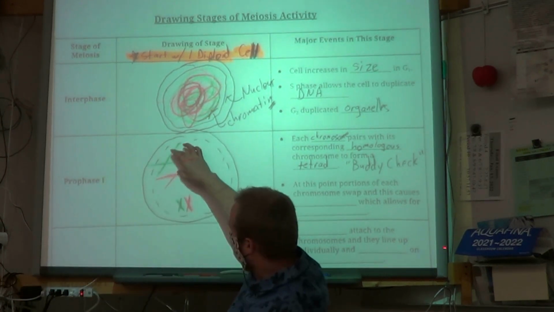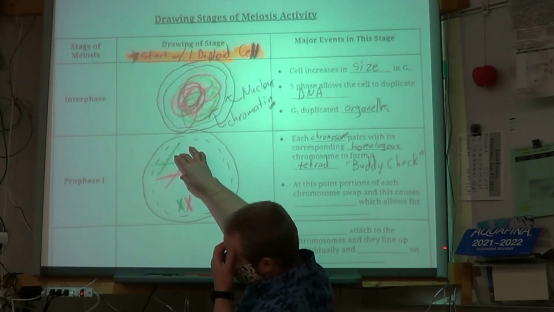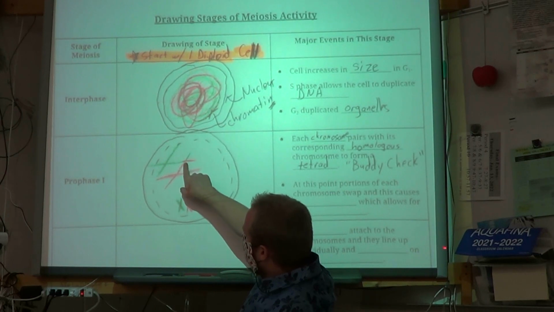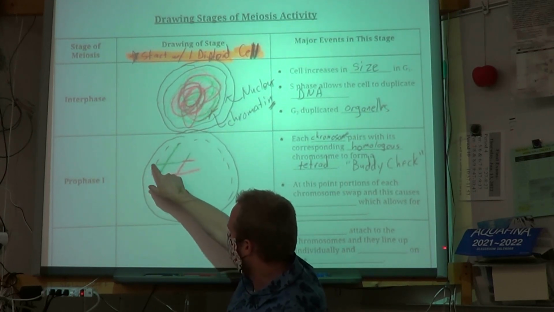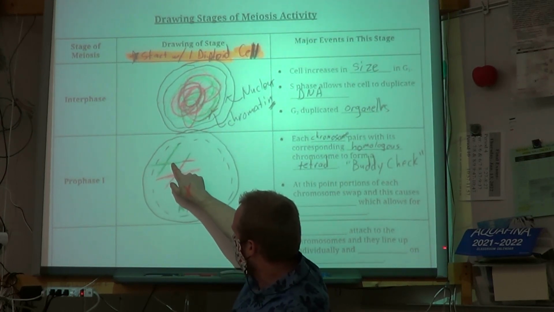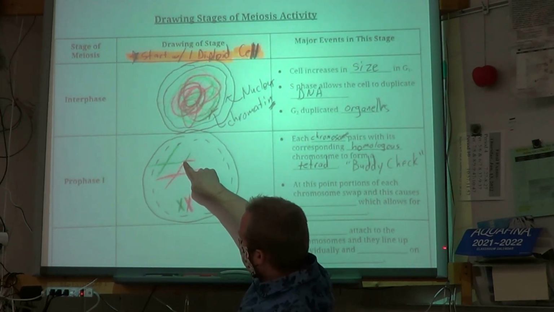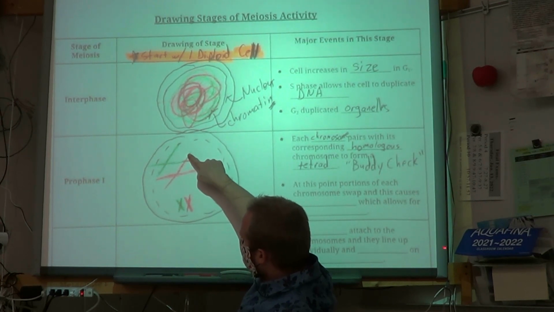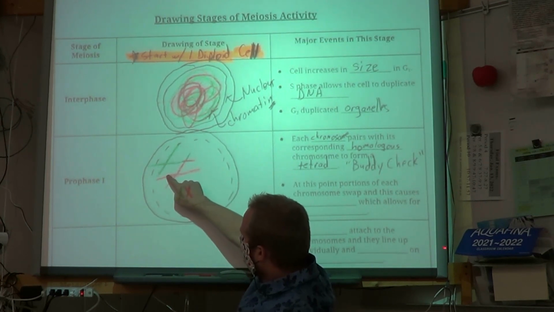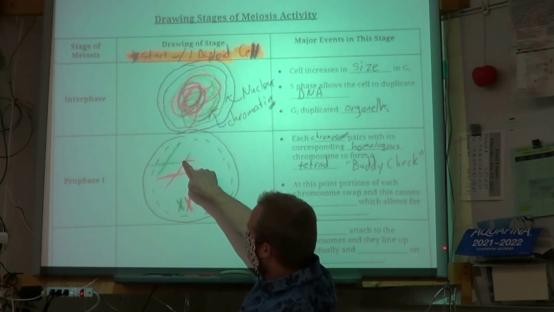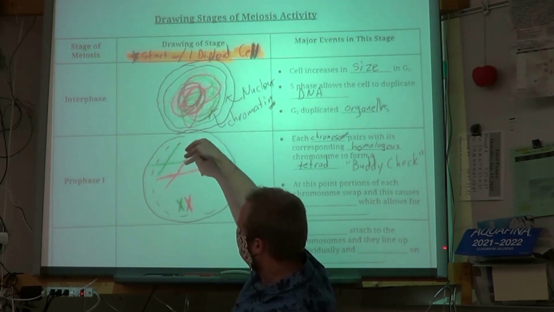Again, I have a buddy check, but with my big chromosomes, there's this thing called crossing over. So what I had is a big green sister chromatid, but then what happens is because they overlap, they're going to do a swap. It's called crossing over. And my green actually goes this way, and my red chromatid goes like this, and then it kind of bends, because these are actually going to flip.